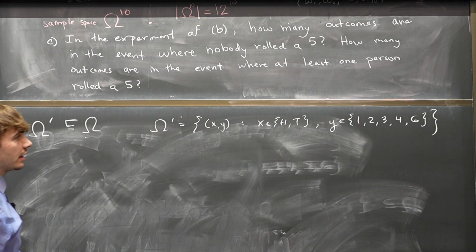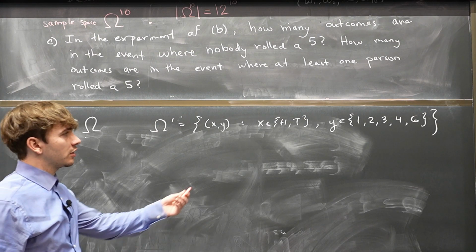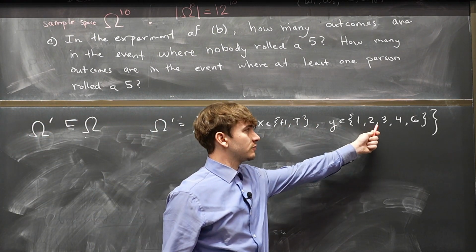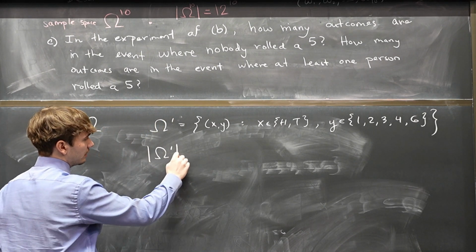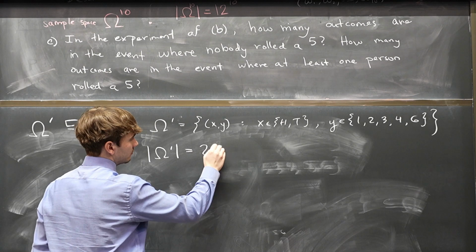So I'm not allowed to roll a 5. And so the cardinality of omega prime is 2 times 5, which is 10.